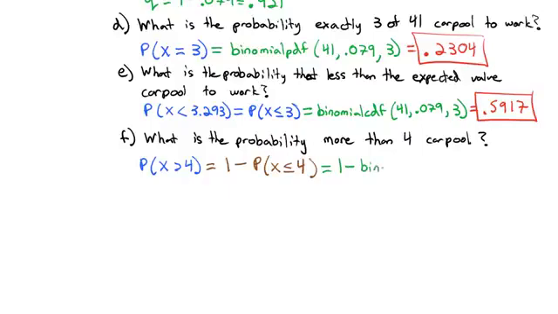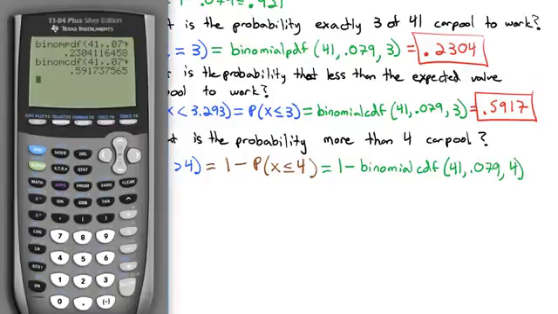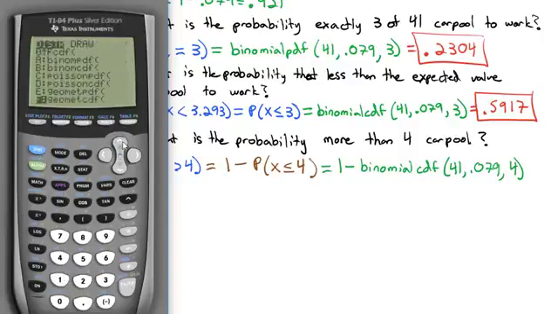That's the binomial CDF, cumulative distribution function, so it goes up to. With the 41, 0.079 probability, we're going to go up to and include the number 4. 1 minus second distribution, up to the binomial CDF.